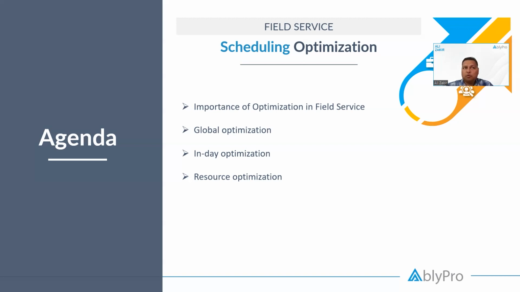That's where you would do in-day optimization. Or let's say your first service appointment of the day takes longer than expected. Now you can do the in-day optimization, and the other appointments for that individual will get rearranged, as well as, if need be, assigned to a different service technician.